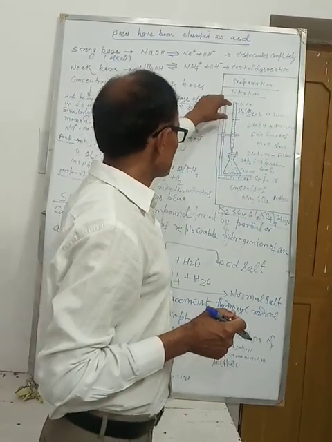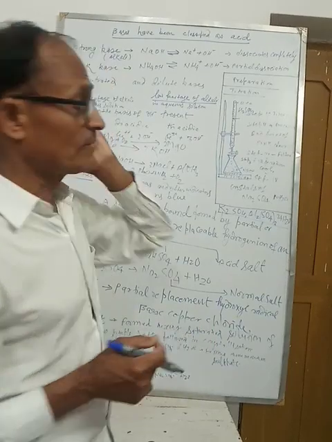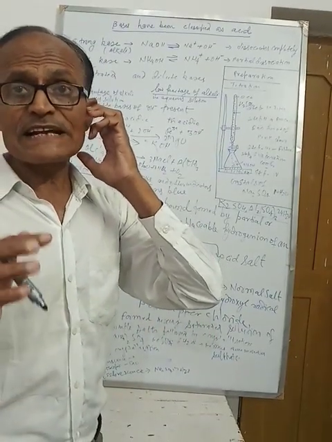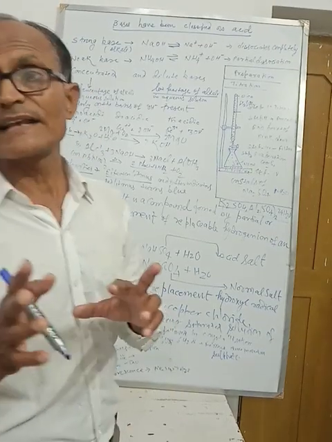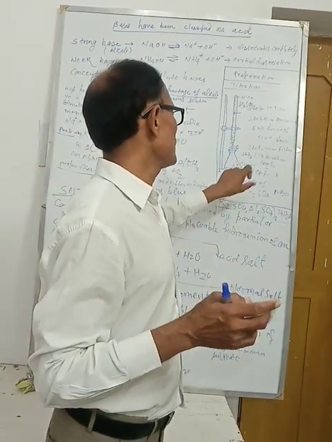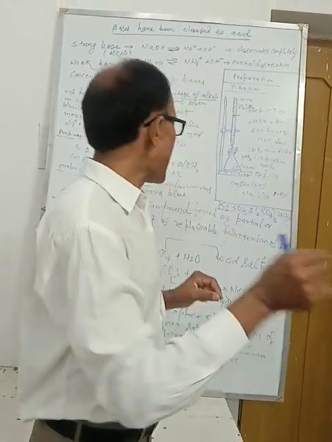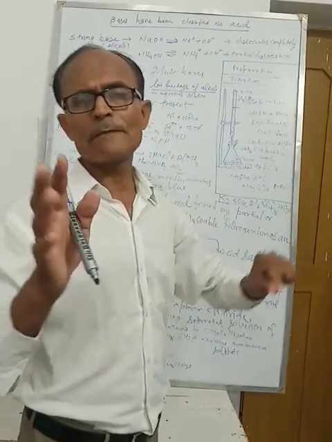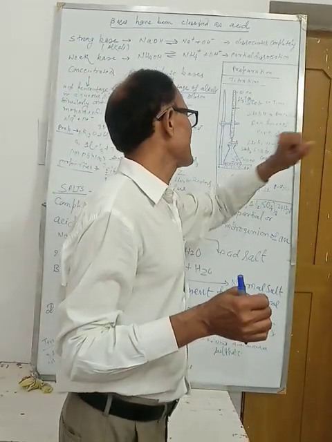Now drop by drop, acid is allowed to fall into this 25 ml of NaOH, and we try to obtain the neutralization point, the end point of the basic nature of NaOH. Drop by drop acid is added and the flask is swirled so that the pink color neutralizes. The end point is obtained; that is the second step.